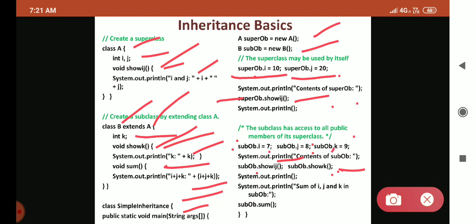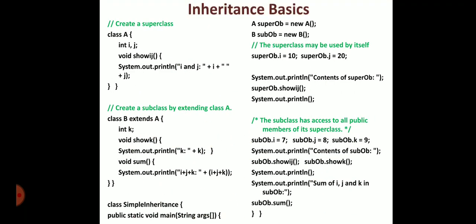Now finally, with System.out.println, we are finding the sum of I, j and k, and with the help of the sub object we are calling the sum method. So it will display the addition of I plus j plus k, that is 7 plus 8 plus 9. We'll see the output in the next slide.